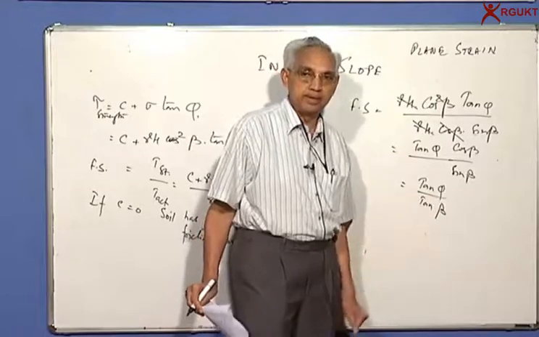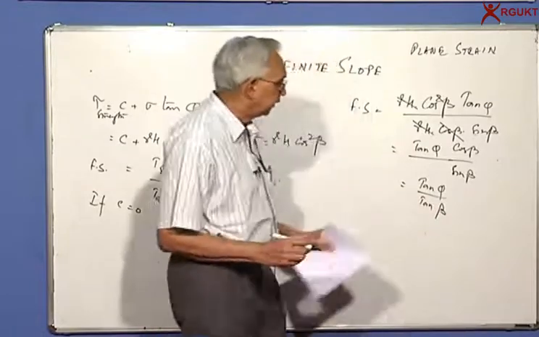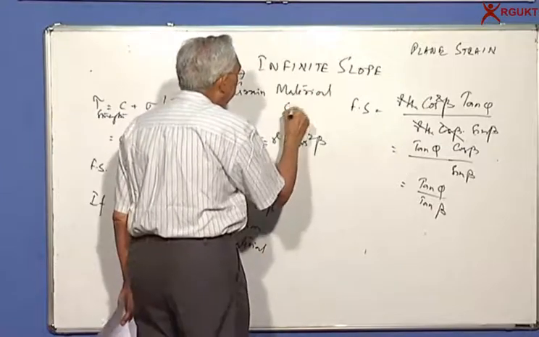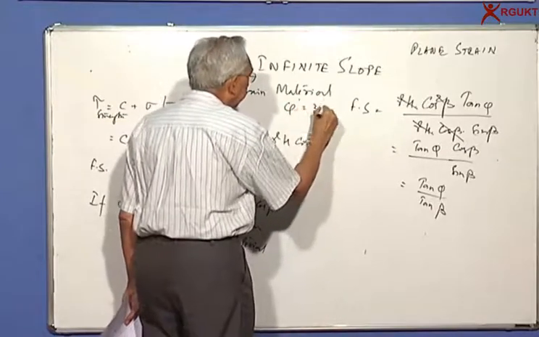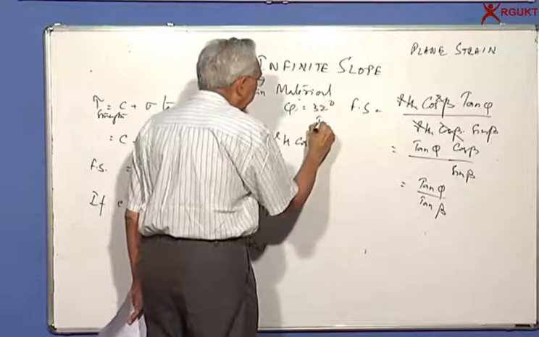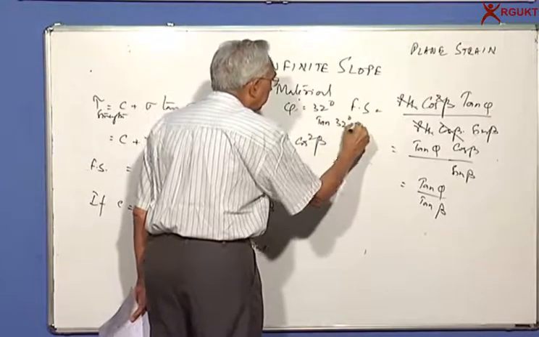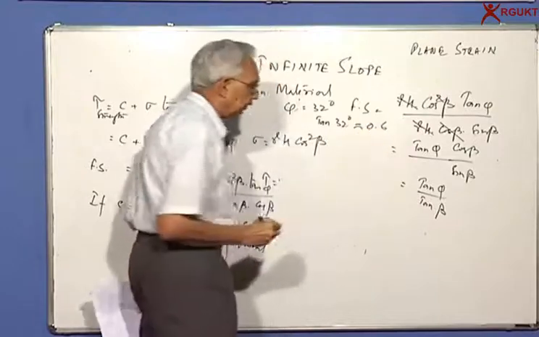So the factor of safety is equal to the angle of shearing resistance, tan phi, divided by tan of the slope angle. Suppose I have a granular material with phi equal to say 32 degrees. Then tan 32 is approximately 0.6.